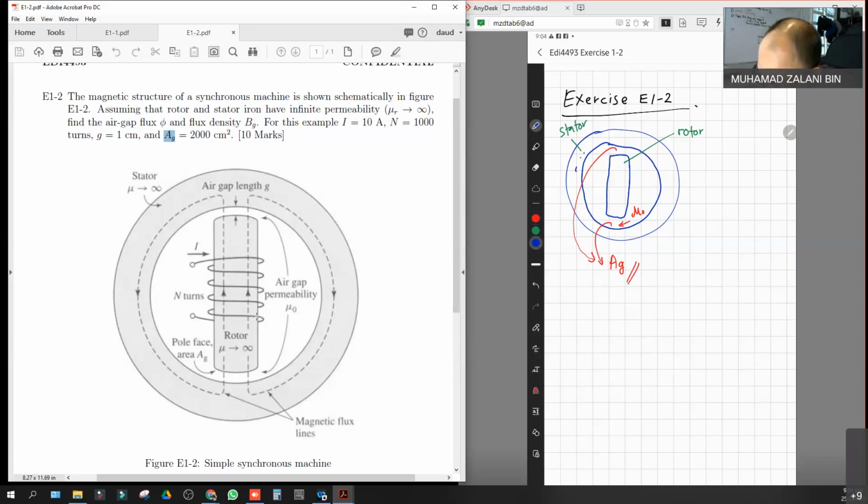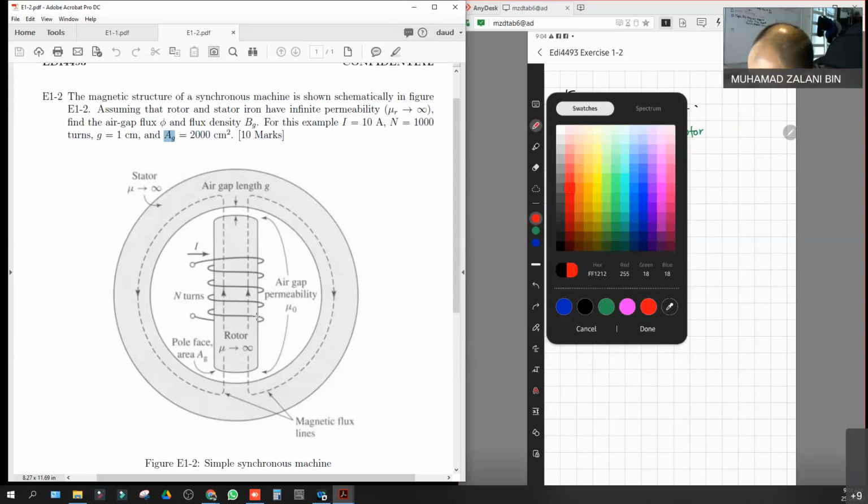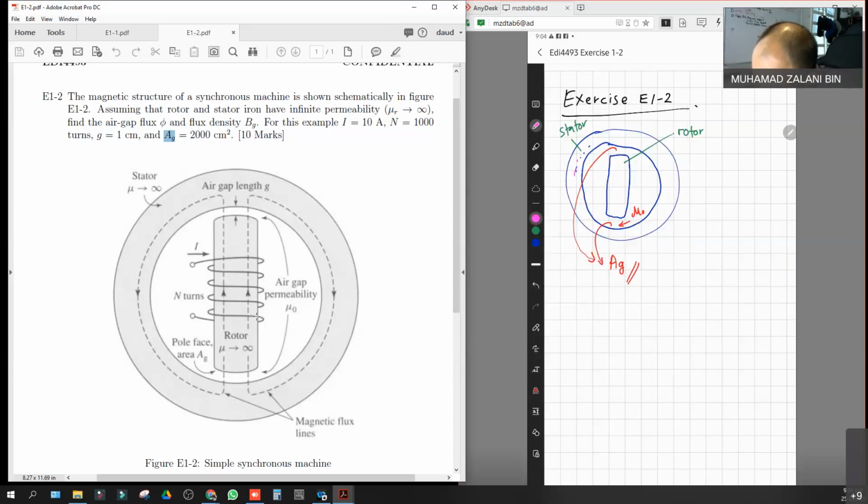You can see also some magnetic lines, in some different color. The magnetic lines or flux.